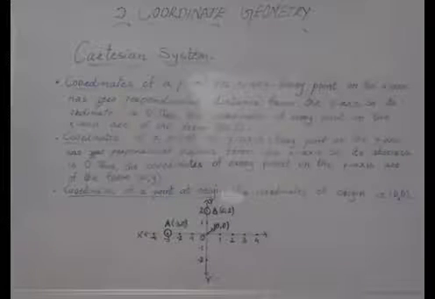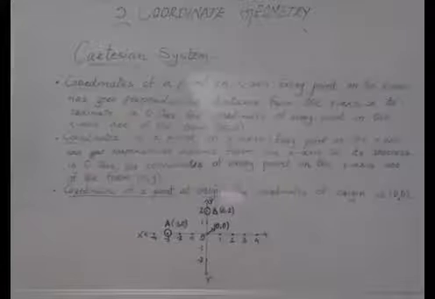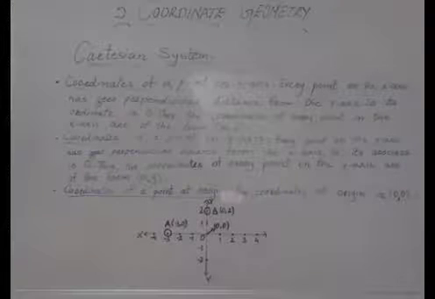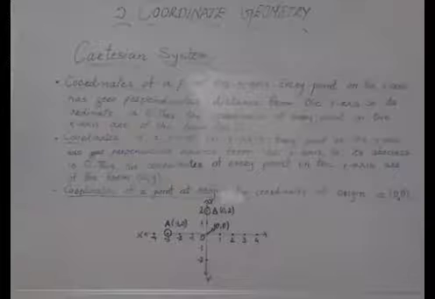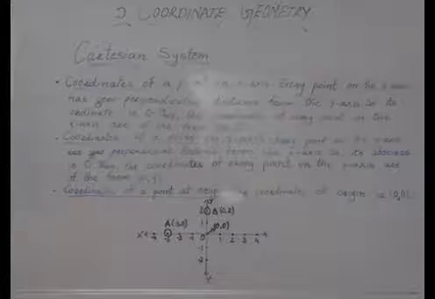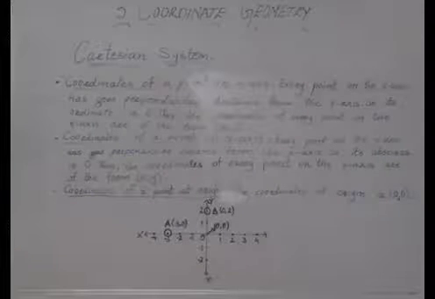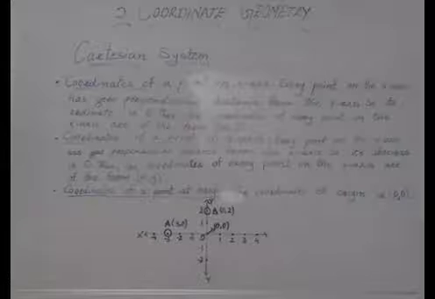Its perpendicular distance from the y-axis is 0 and from the x-axis is also 0. So the abscissa and ordinate of the origin are always 0, 0.